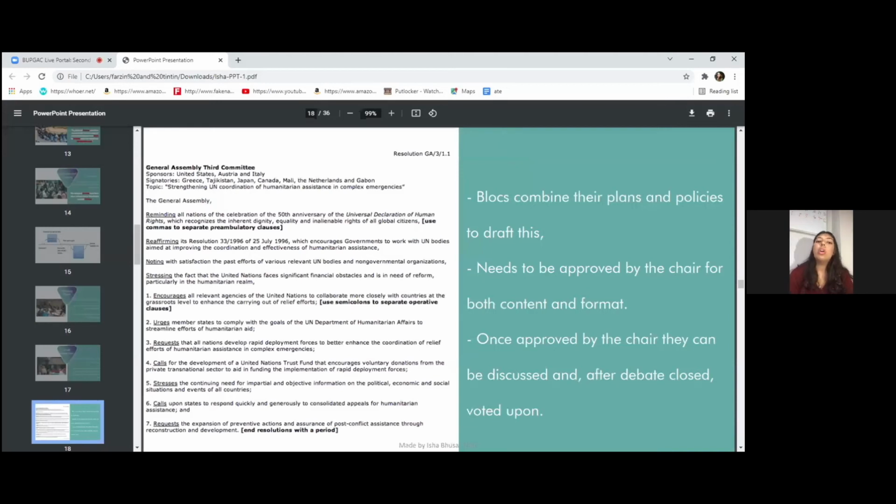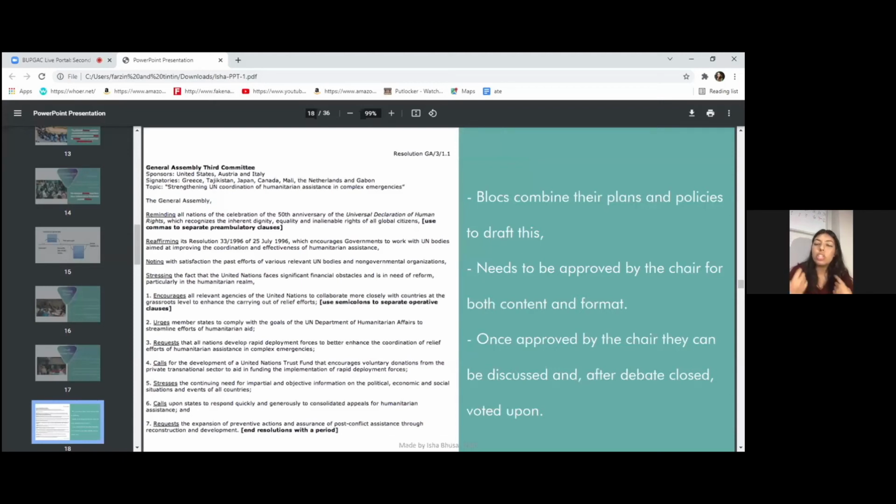If your draft resolution is approved by the chair, then you can move towards your amendment session. I have not included the amendment session here because it gets too muddled. You would be confused if I inserted it right now, because it's a bit tricky, with sponsors approving, disapproving, and voting sessions.